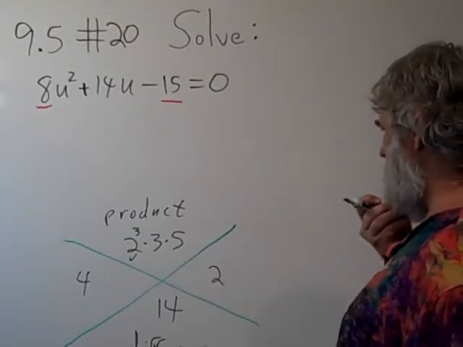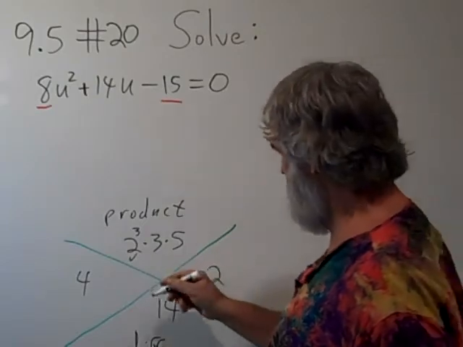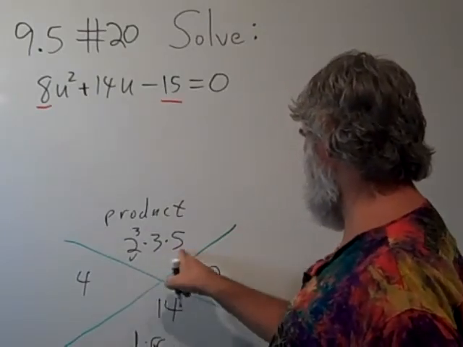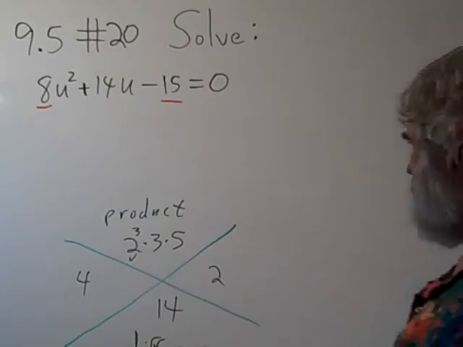For the difference of 14, if we went 3 times 4, that would be 12. No, 3 times 4 is 12, 5 times 2 is 10. The difference wouldn't be 14, it would be 2.